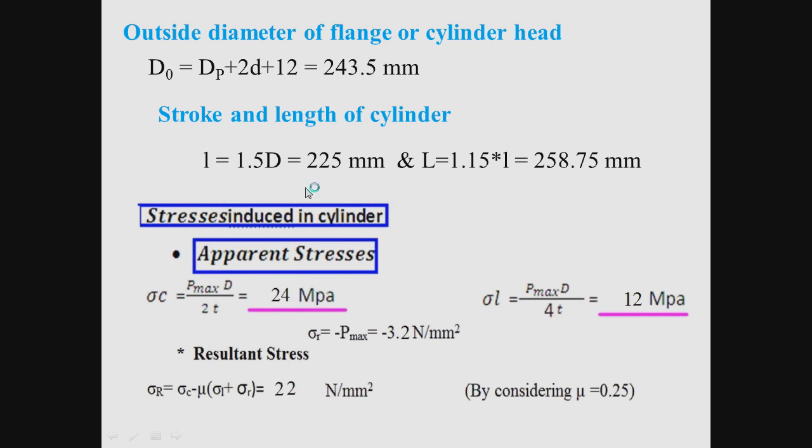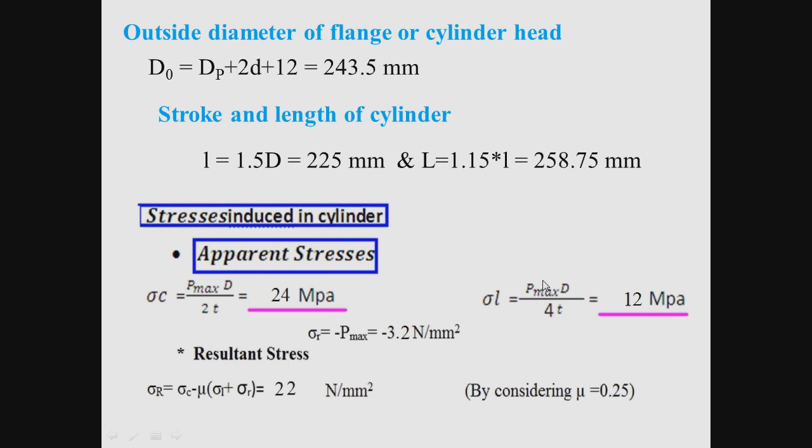Next is stresses induced in cylinders. We have to check whether the stresses induced are within the allowable limit or not. First is sigma c, which is p max into D by 2t. p max is 3.2, D is 150, t is 10.